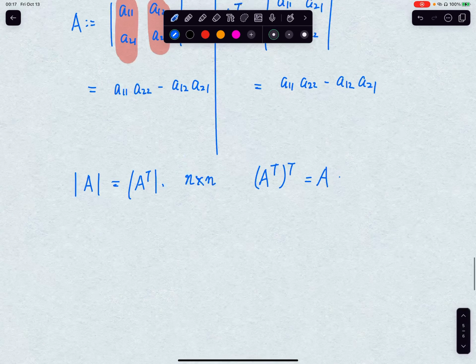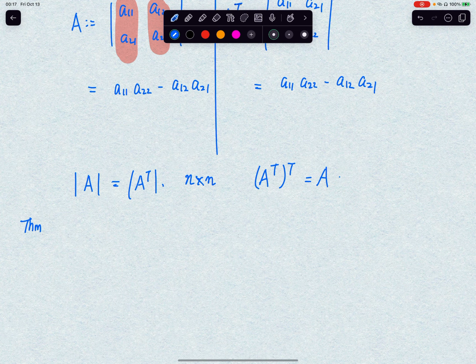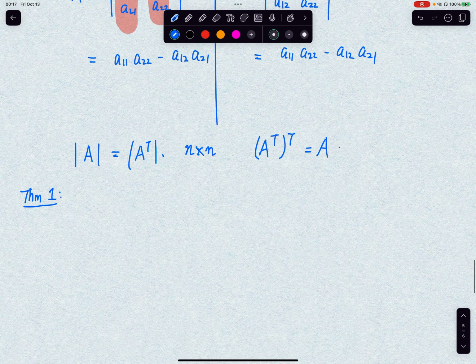So now we arrive at the first result in the first lecture. This is called the row operations.